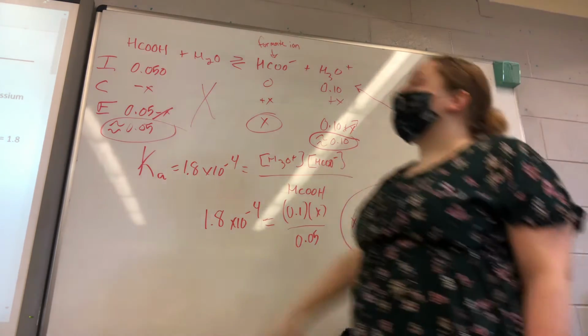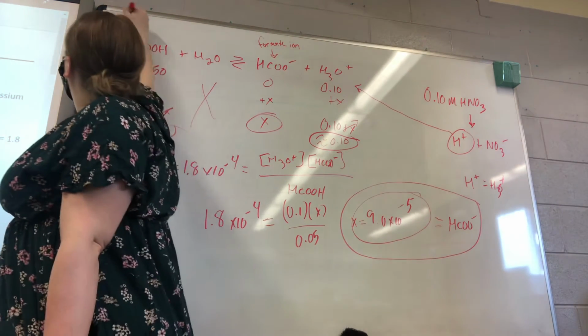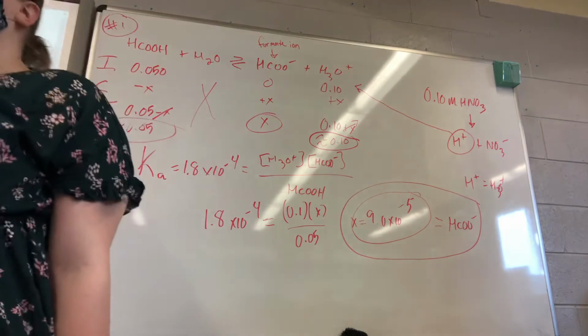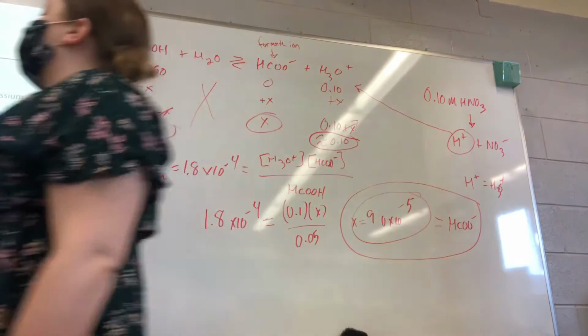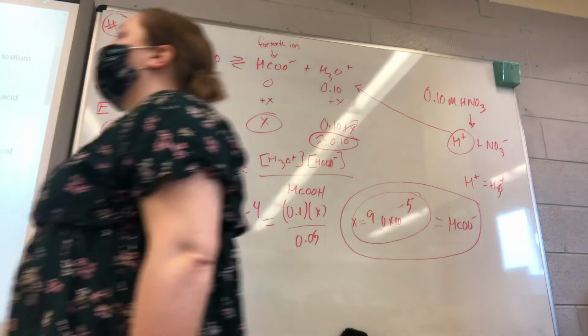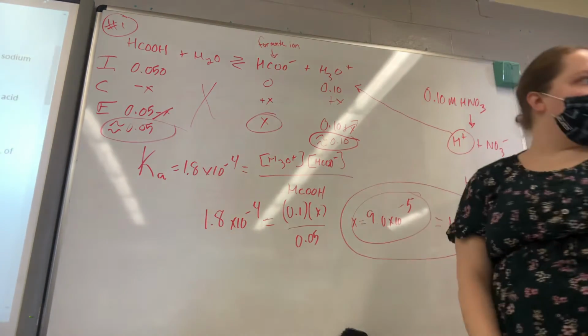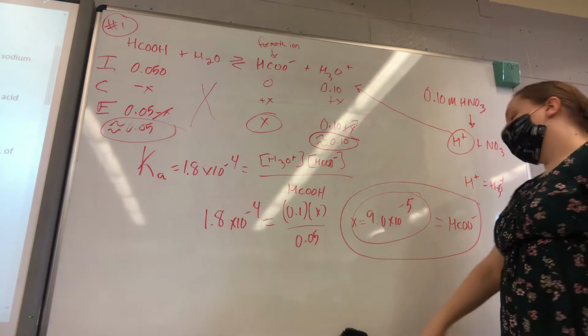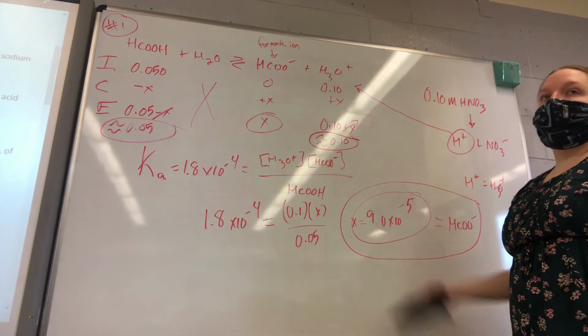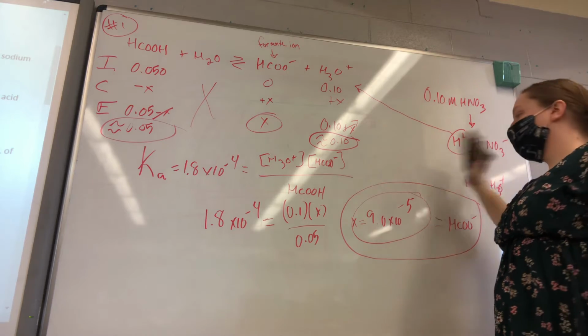All right, the problem you're going to do on your own is number 1. You're not going to do it now. We're going to work on the next set of things. First, buffers. We're saving acid-base titrations for tomorrow. Can I erase? Sure. We good?